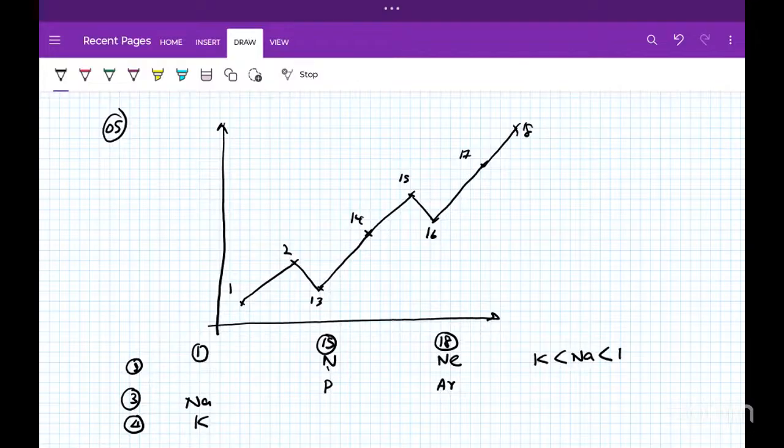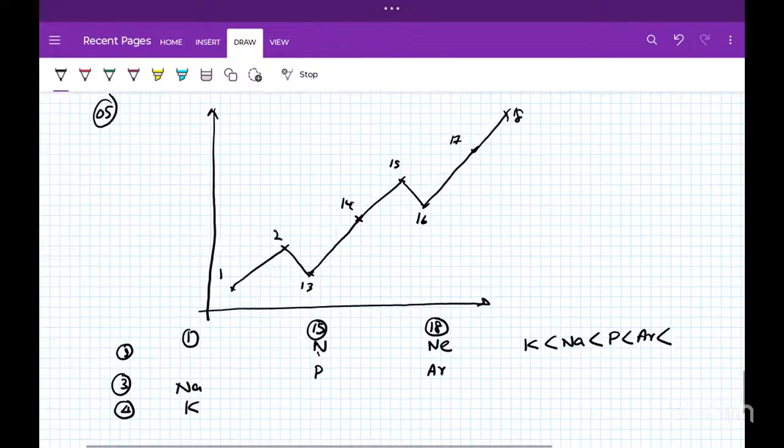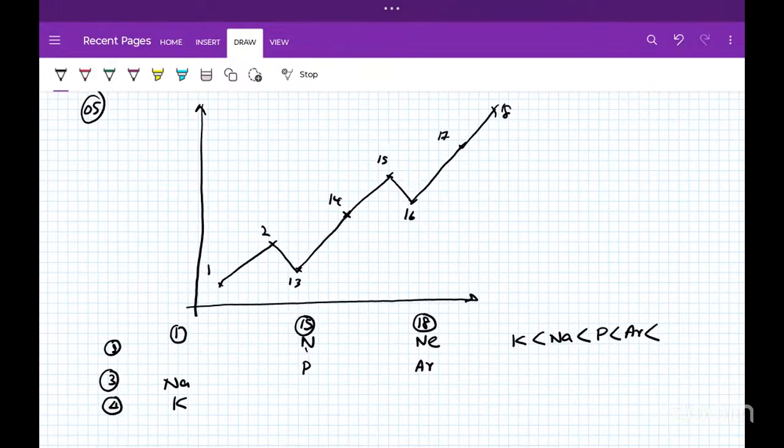Then comes phosphorus, then comes argon. Then you have to go to the second period. In the second period, nitrogen is the lowest, and neon is the next one, because of this graph that I have drawn, right?